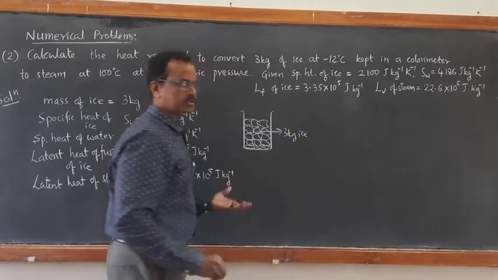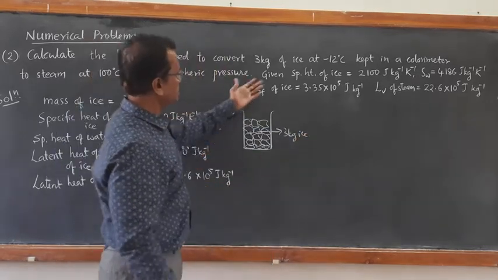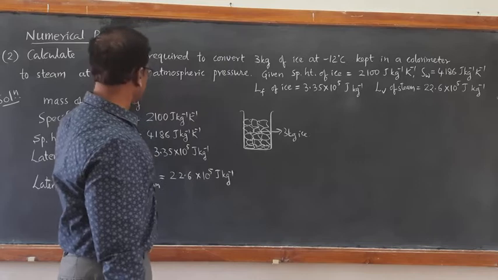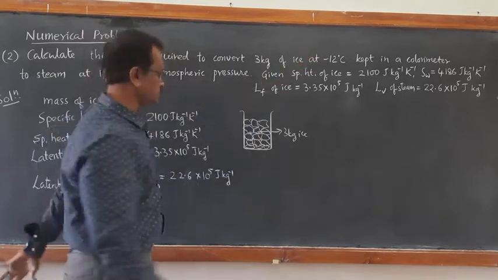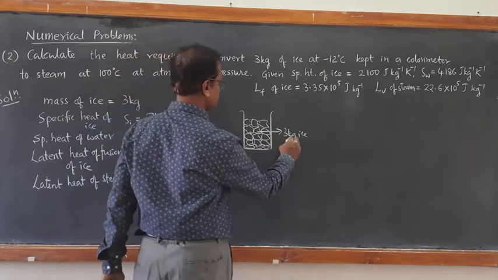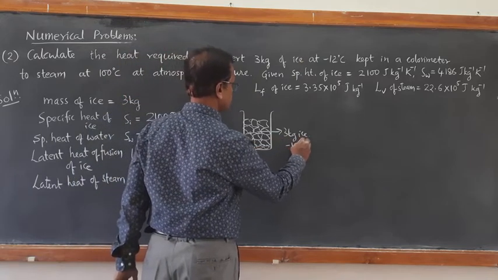It needs to be heated strongly so that it reaches 100 degrees Celsius and gets converted into steam at 100 degrees Celsius. So the initial temperature is minus 12 degrees Celsius.